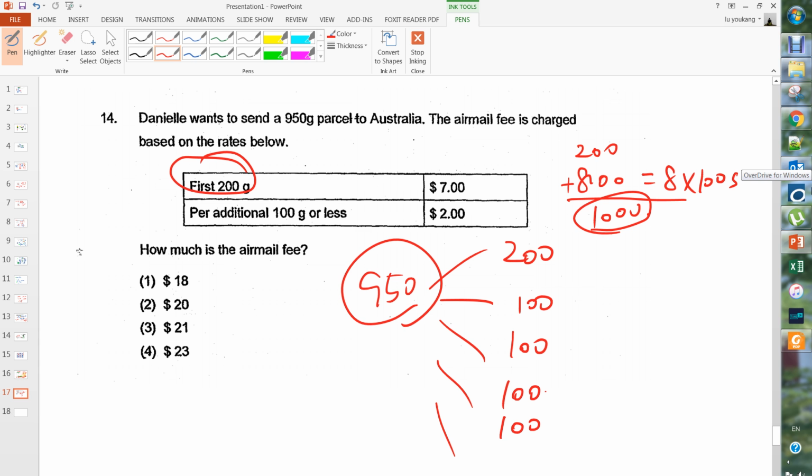I give you $950, you give me $10. No, because the 900, the 50, and then they say per additional or less. Okay, very good. So that means what?